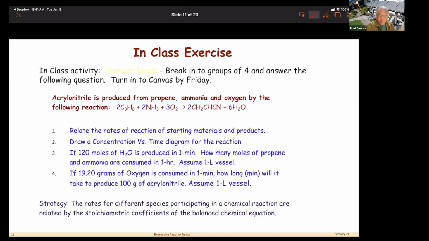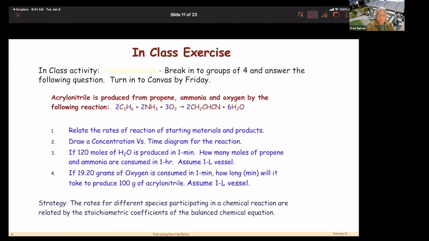I encourage you guys to help and teach each other, except, of course, when it comes to the quizzes and the exam, in which case you guys are on your own. But something like this, you know what they say, if you can teach it and explain it to someone else, it means that you really know it. So I'm giving you that opportunity. Of course, if you have questions, you can always email me.